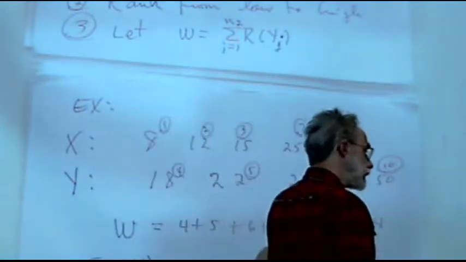You have n2 of them. So again, the mean is very intuitive. There's nothing hard about the mean. It's just the number of y's times the average rank. Divided by 2.